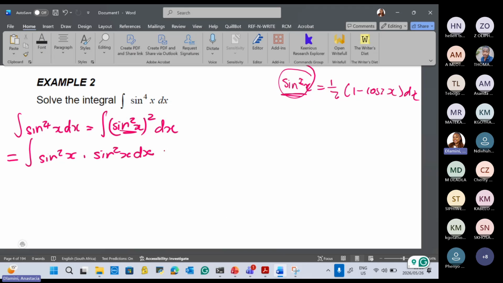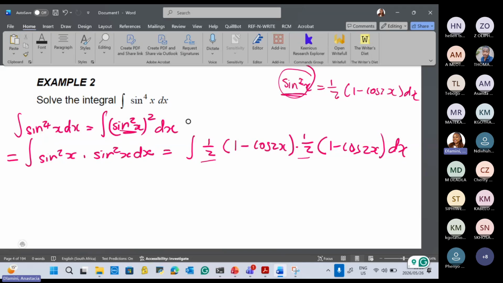So let's apply that identity. So this is the integral of 1 over 2, open bracket 1 minus cos of 2x, close bracket, times 1 over 2, open bracket 1 minus cos 2x, close bracket dx. Now, do we agree that we can multiply these and take it outside the bracket? Yes, ma'am. So this is equal to 1 over 4. Okay, what's going on with the pen now?